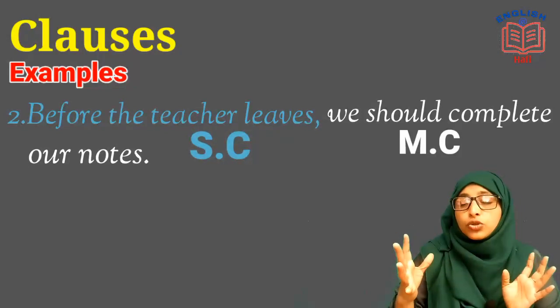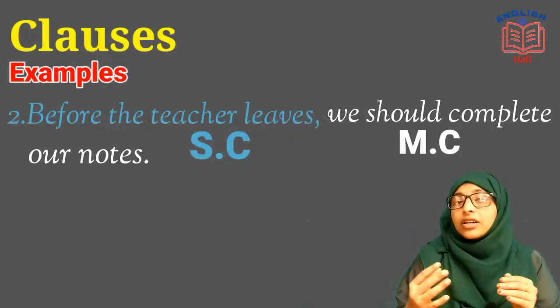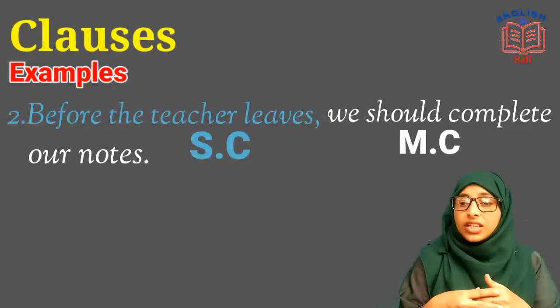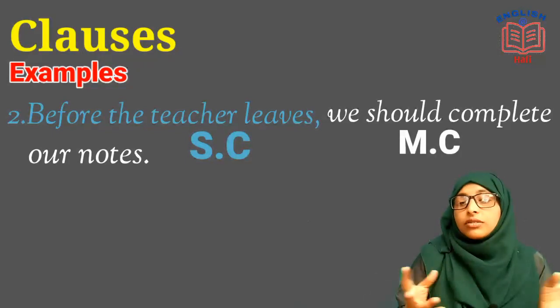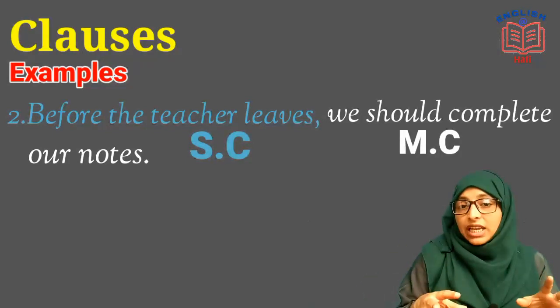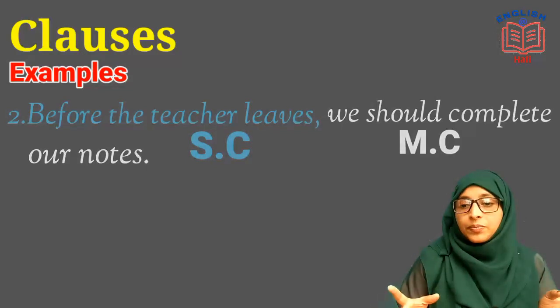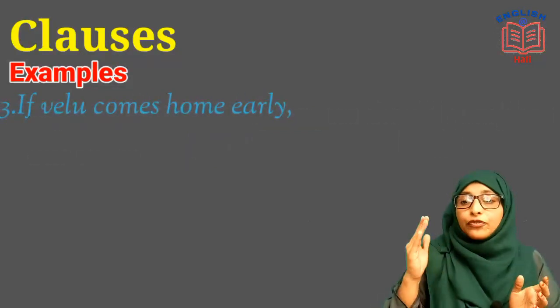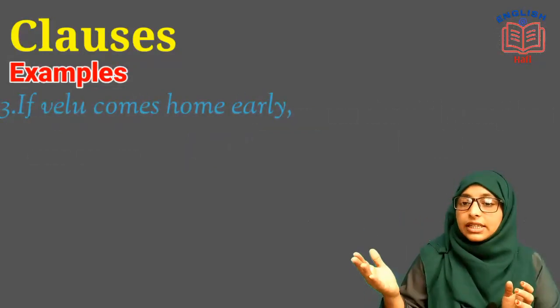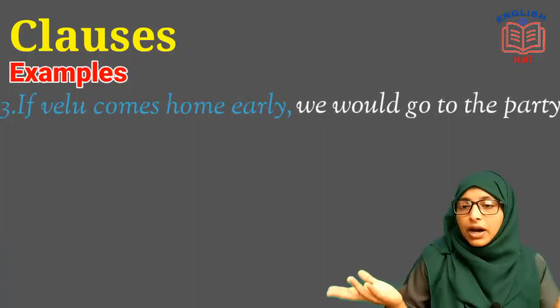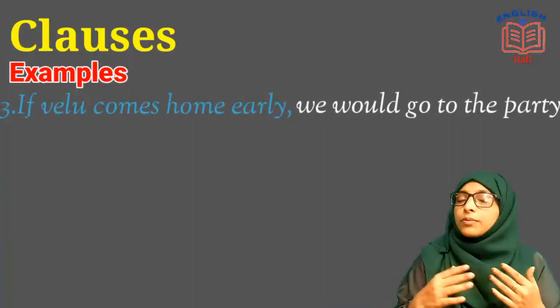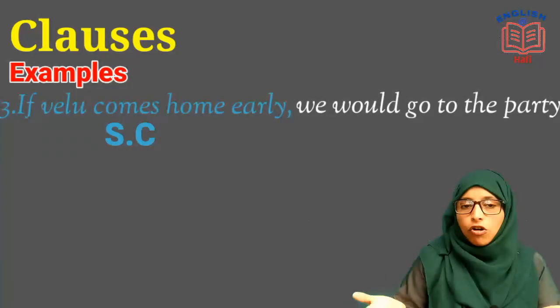So we should complete our note should join with the subordinate clause in order to make the subordinate clause complete. And the third one: if Velu comes home early, we would go to the party. If Velu comes home early is the subordinate clause.